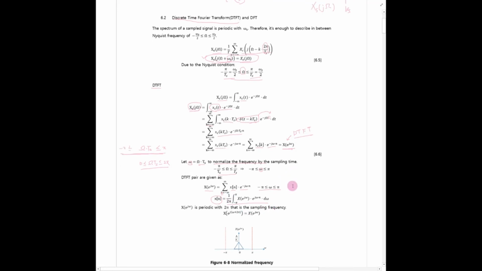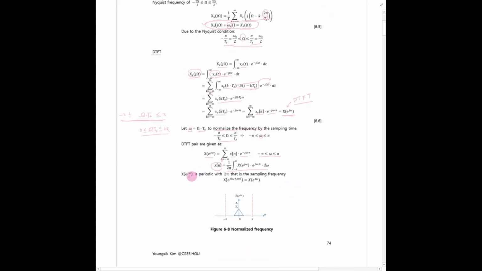X(e^{j omega}) is the DTFT of x[n]. This one is periodic with a period of 2 pi, for the same reason we talked about in equation 6.5. If we normalize this, omega s times Ts is 2 pi by definition.